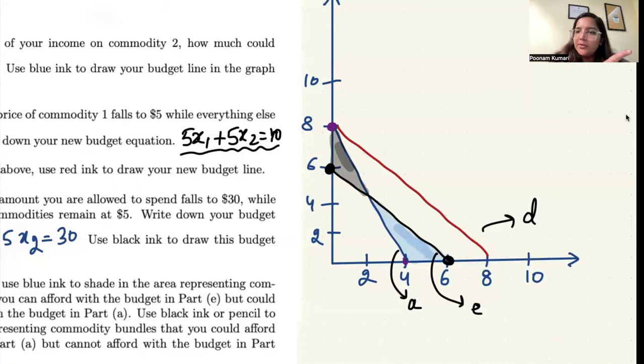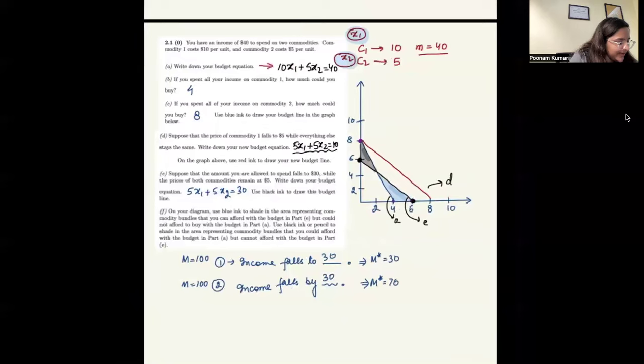So it's affordable by the budget of part A, but it is not affordable by the budget of part E. Is that all right? Yes, ma'am. ठीक है. Very good.